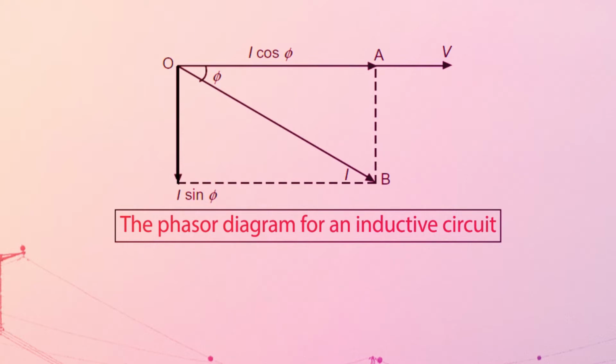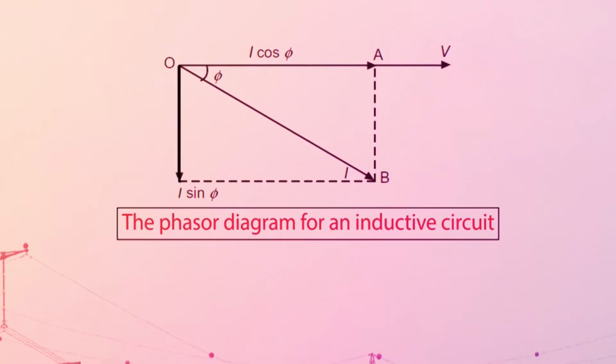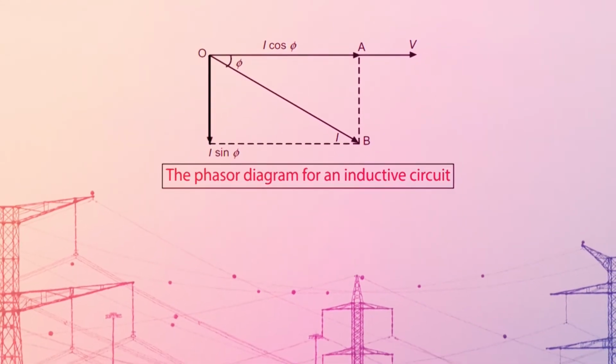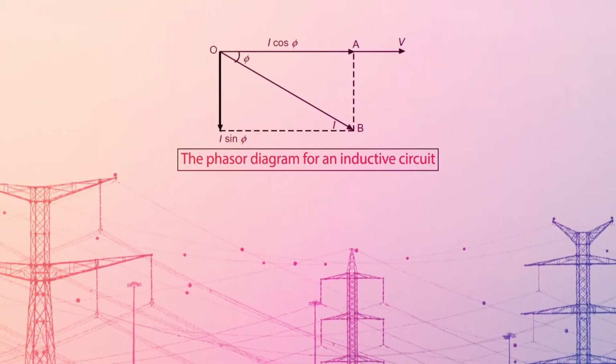The horizontal component of the current I, OA, can be written as I cos phi, and the vertical component can be written as I sin phi, represented by OC.